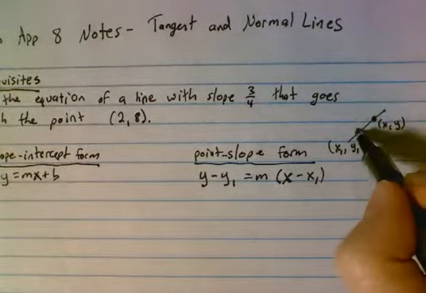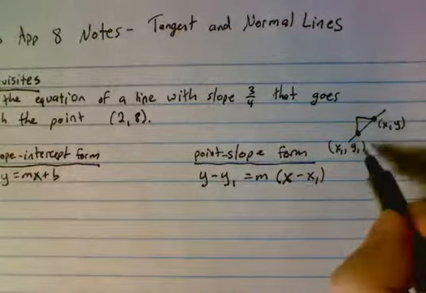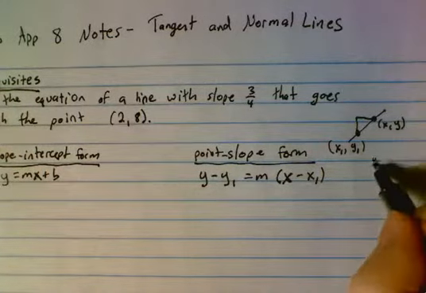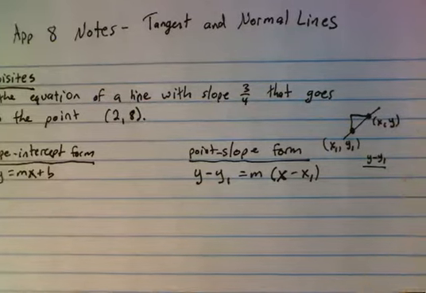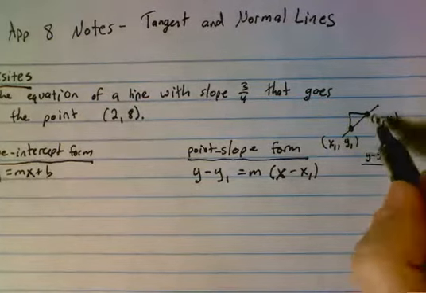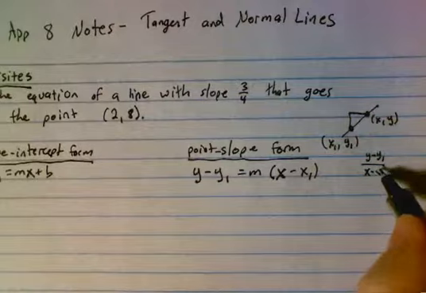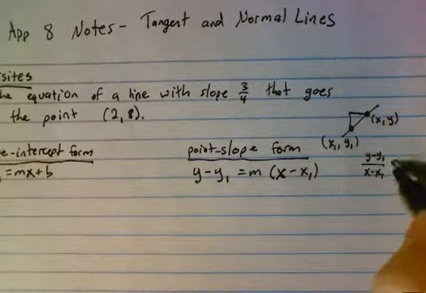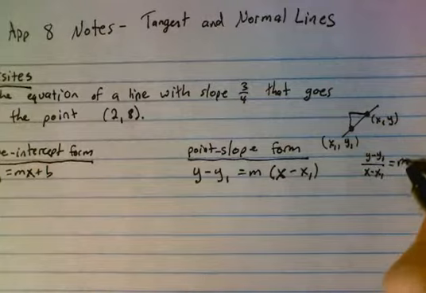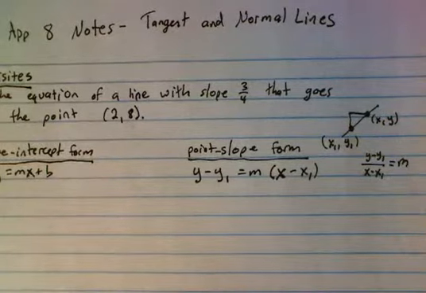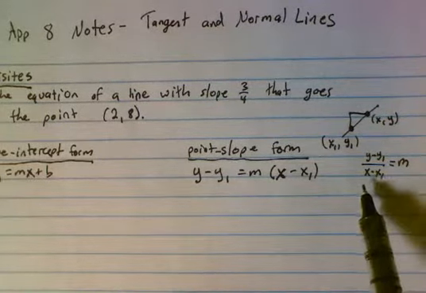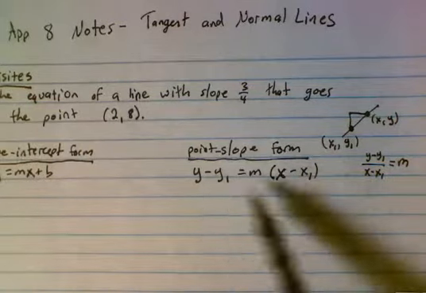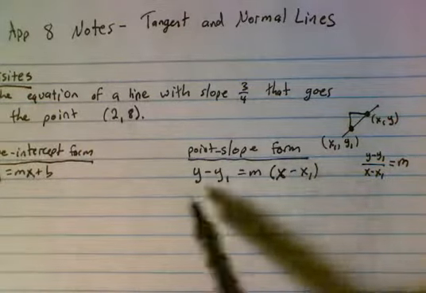We know that our slope is rise over run, so the distance from y down to y1 is just y minus y1, and the distance in the x direction from x to x1 is just x minus x1. So this is our rise, this is our run. It's giving us the slope, which is that m. And so you notice if we just multiply both sides by x minus x1, we end up with this form. Totally okay to leave this in this form if you have a short answer question.